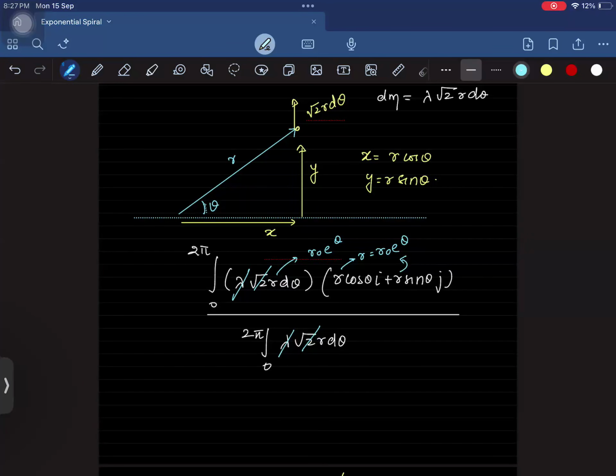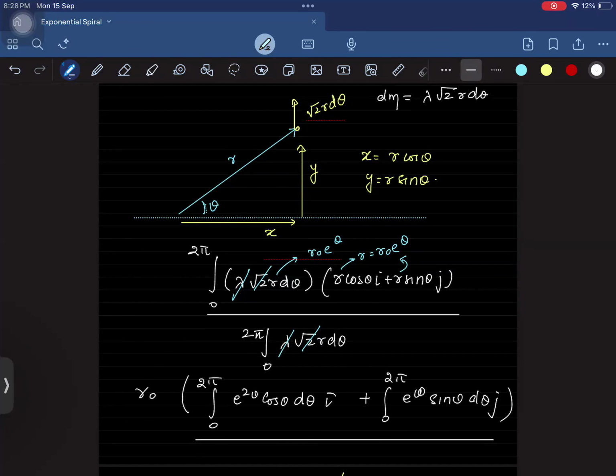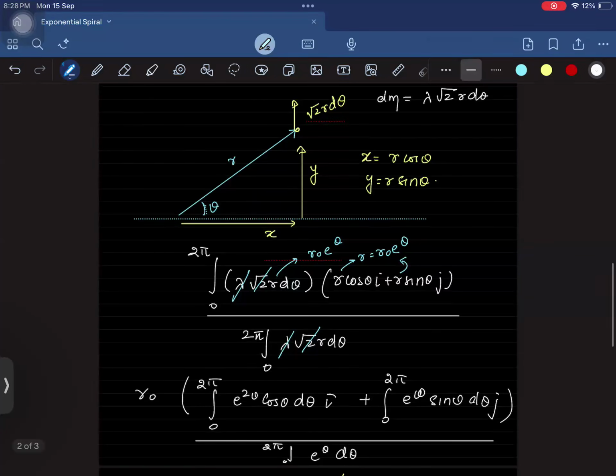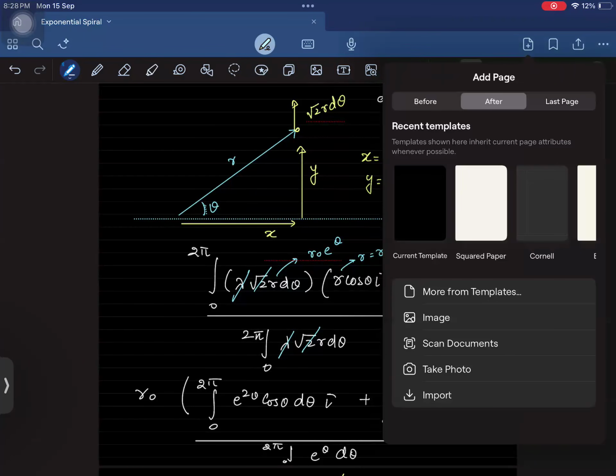So the above integration will actually become integration from 0 to 2 pi e to the power 2 theta cos theta d theta i cap plus integral 0 to 2 pi e to the power 2 theta sin theta d theta j cap, multiplied by r naught, and the whole thing divided by integral 0 to 2 pi e to the power theta d theta.